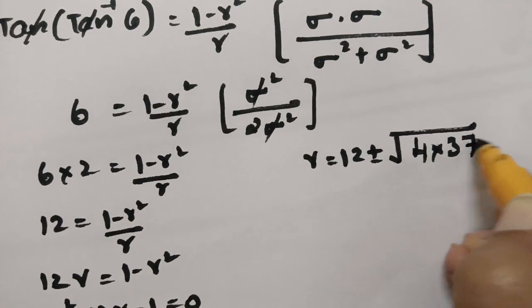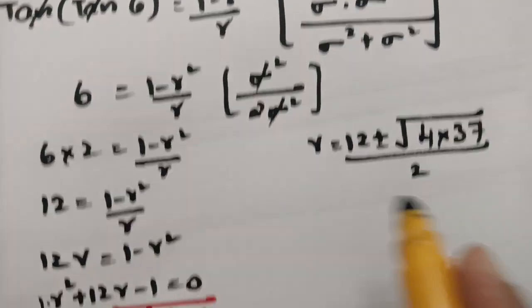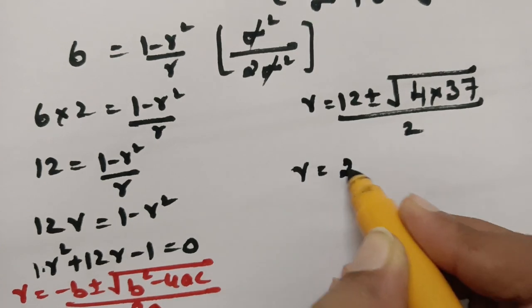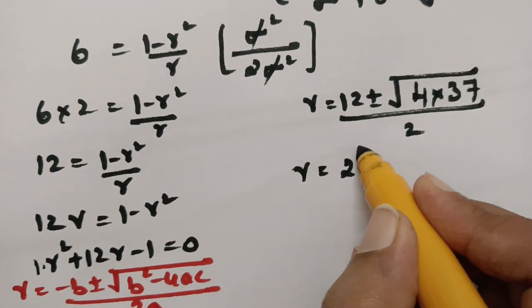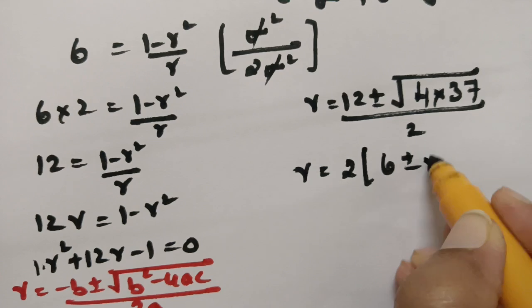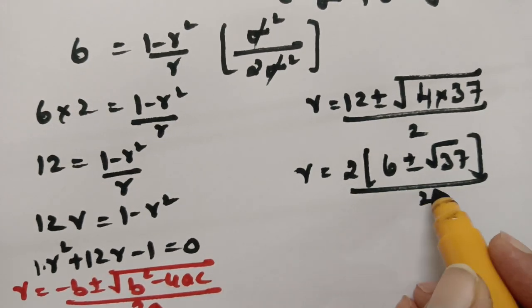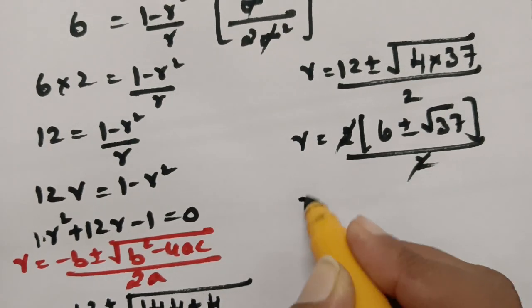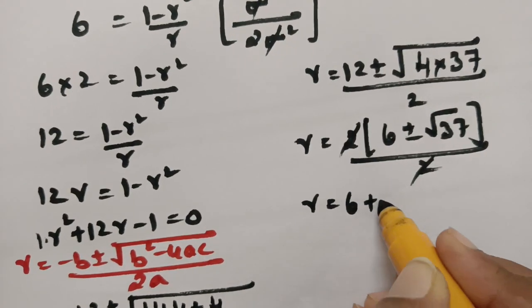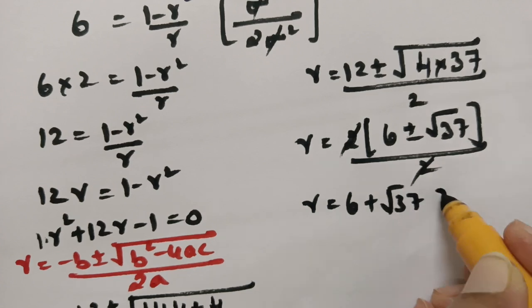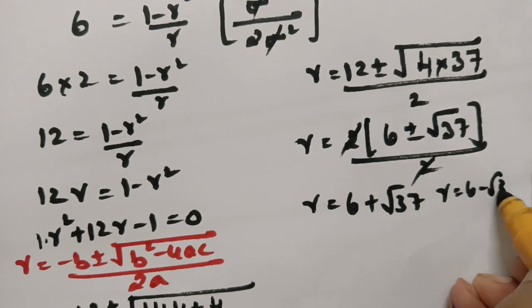So this is 4 times 37 by 2. If I take 2 common, this will be minus 6 plus or minus root 37 divided by 2. So if I cancel this, r is getting two values: 6 plus root 37 and 6 minus root 37.